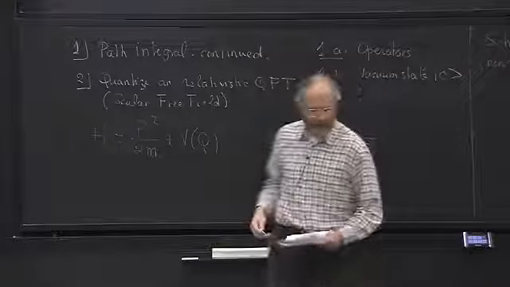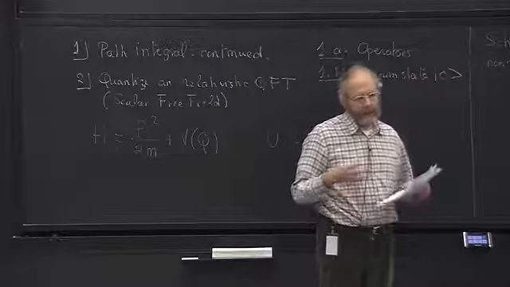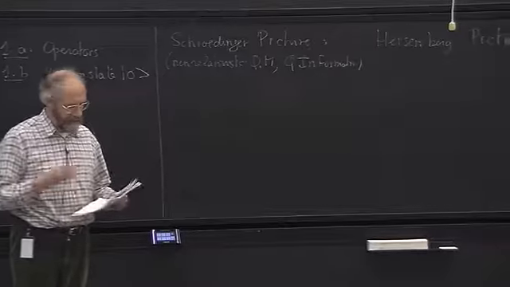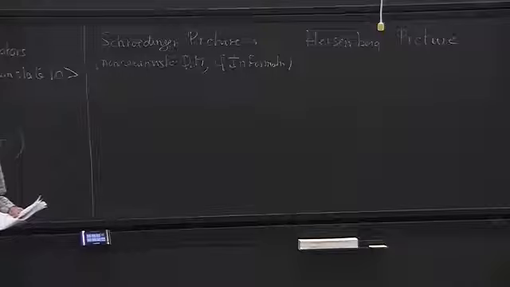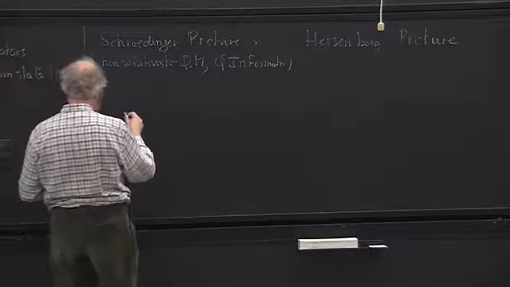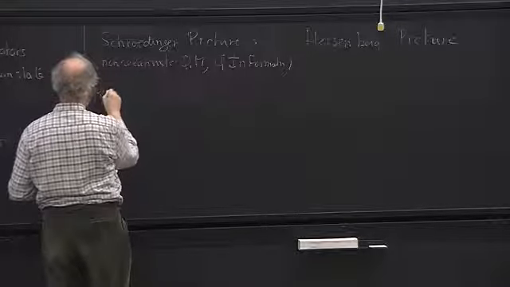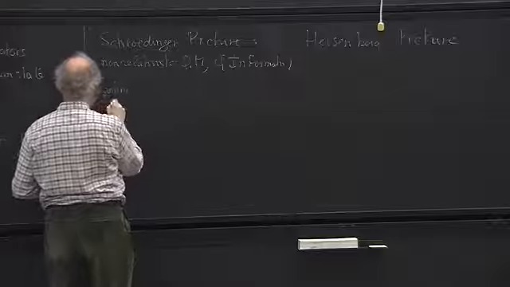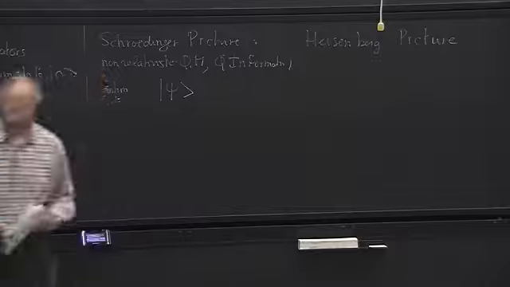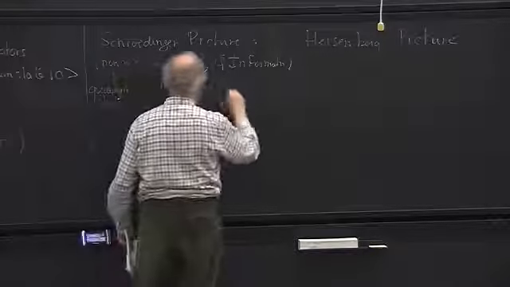You consider that quantum states are described by vectors in a Hilbert space, a vector space, |ψ⟩, that are independent of time. So a quantum state is described by a vector, a ket, in the Hilbert space of your theory.